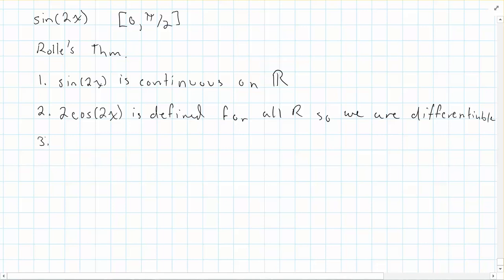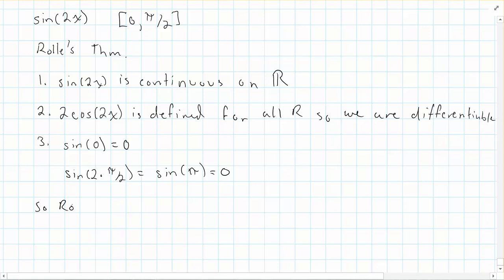And then we have to check to see if the endpoints are equal to each other. And so in this case, we have to check to see if the sine of 0 is equal to 0, and then we have to see, well, what's the sine of 2 times pi over 2? Well, the sine of 2 times pi over 2 would be the sine of pi, which also equals 0.